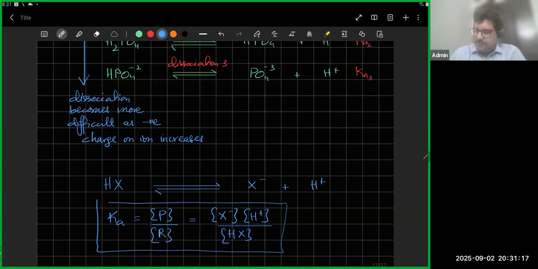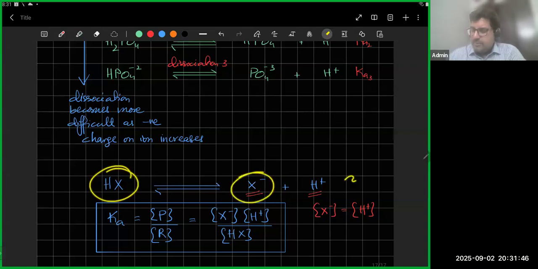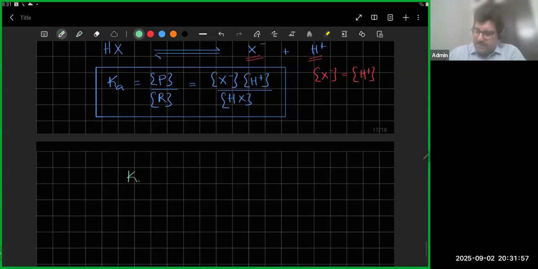We've got a K expression, which is going to be modified a little bit. Why? Because the X minus 1 concentration and the H plus 1 concentration are going to be exactly the same. One of this is going to be produced and one of this is going to be produced, so they're both going to have exactly the same value. When the acid dissociates, both of them are produced in equal amounts.